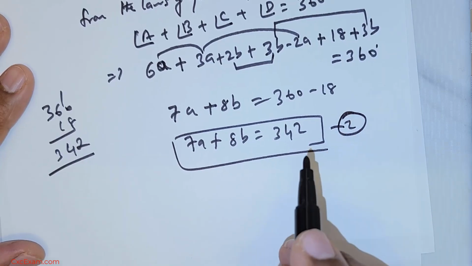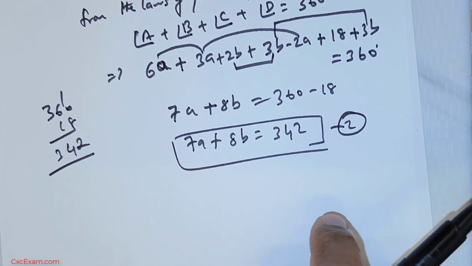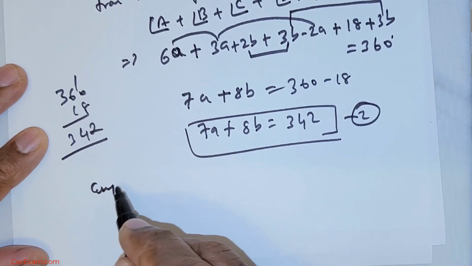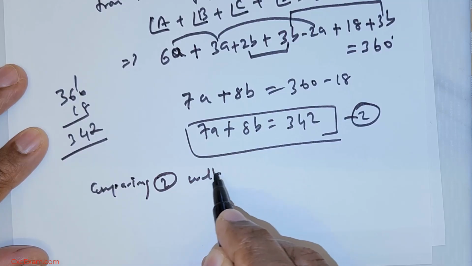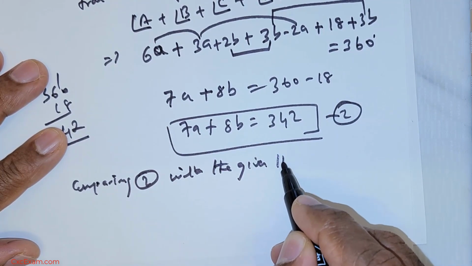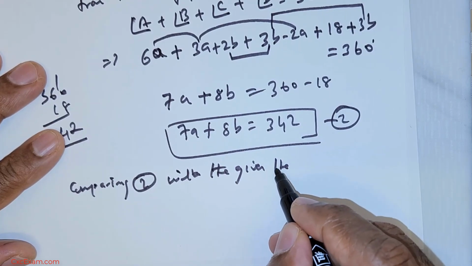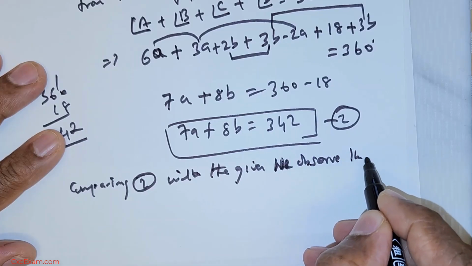Now this is 2. Now we have to take this and compare it with the given. We observe that, what do we observe?